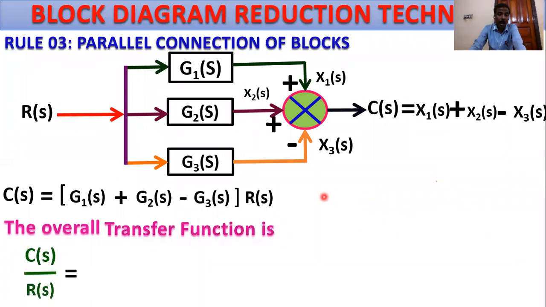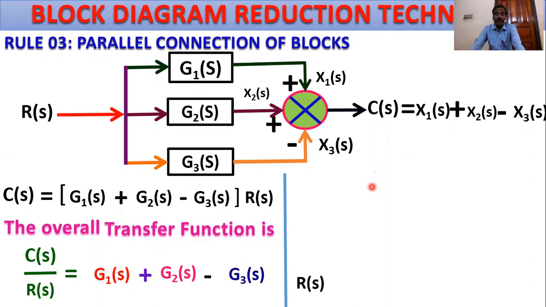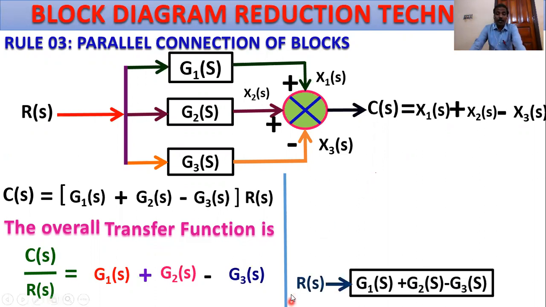C(s) by R(s) is just output by input. C(s) is the controlled output, write down here, and this is the reference input R(s). This is equivalent to a single block G1(s) plus G2(s) minus G3(s), with R(s) as the reference input and the controlled output C(s).